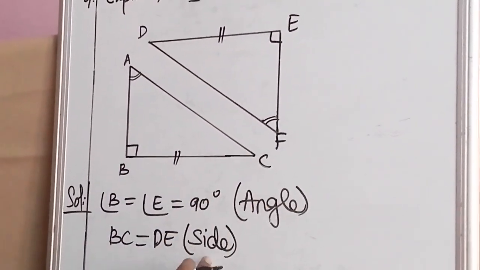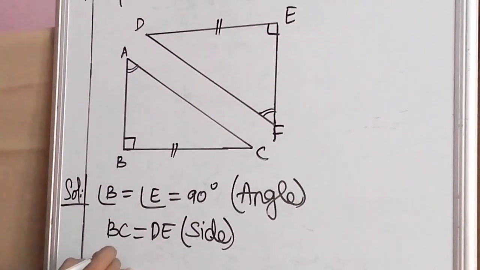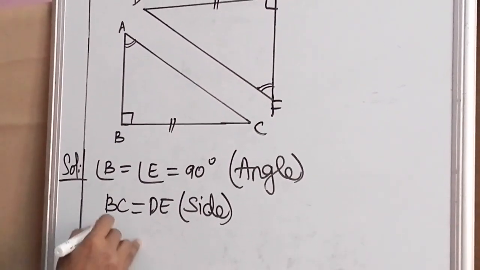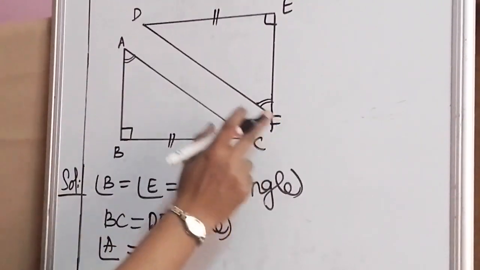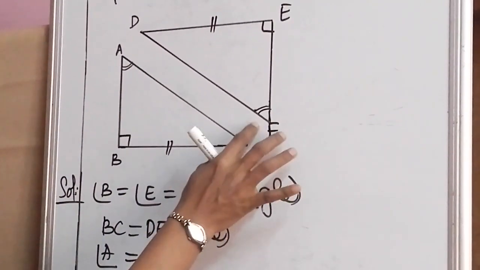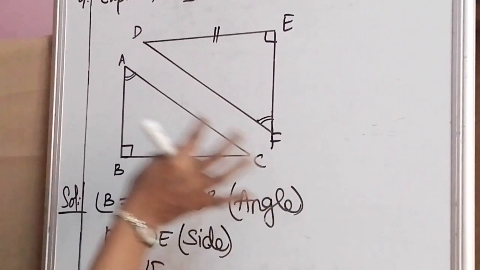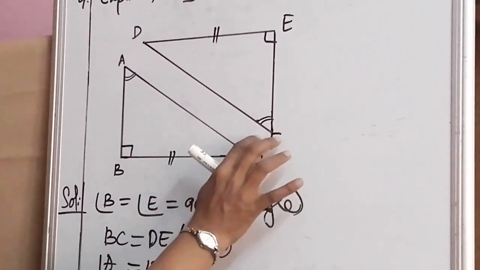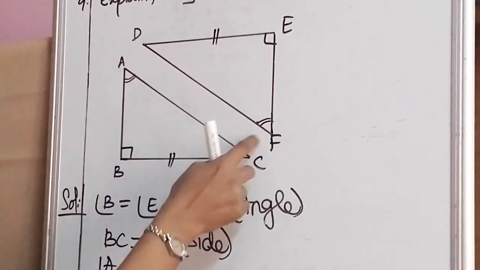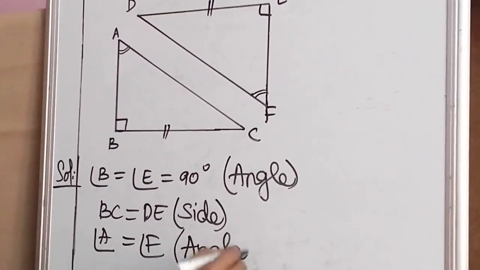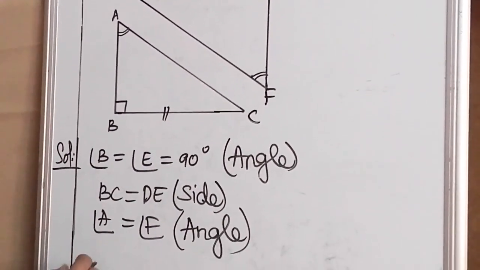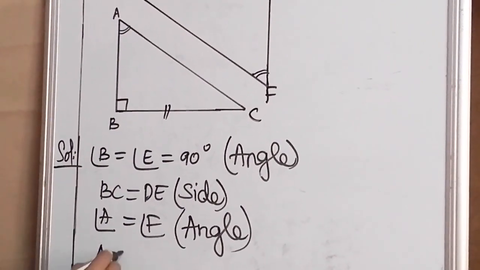Angle is equal, side is equal, and they have given another angle which is angle A is equal to angle F. Angle A is equal to angle F. In some of the textbooks angle F they have not marked, but you need to mark it. This is an angle. So, which congruency criteria are you using?